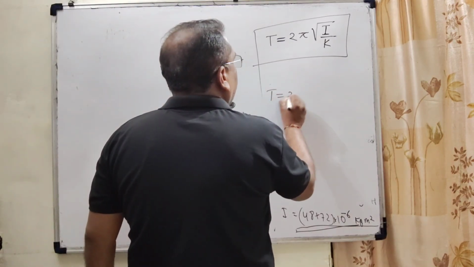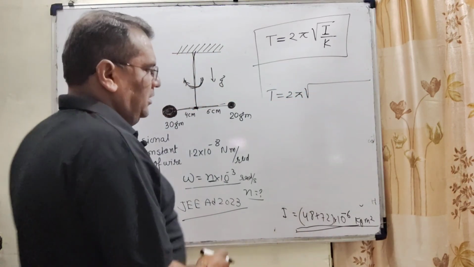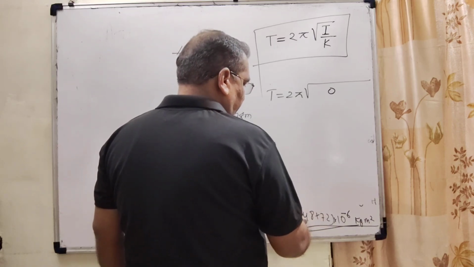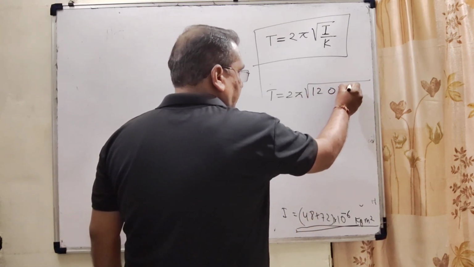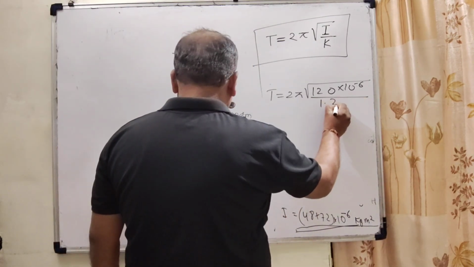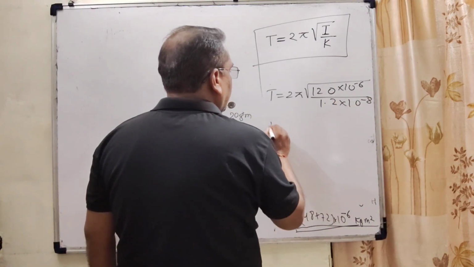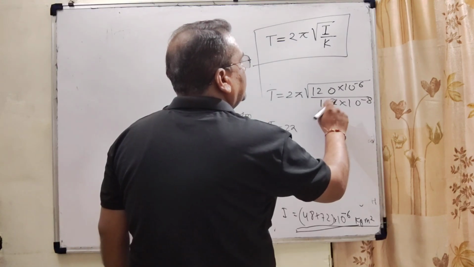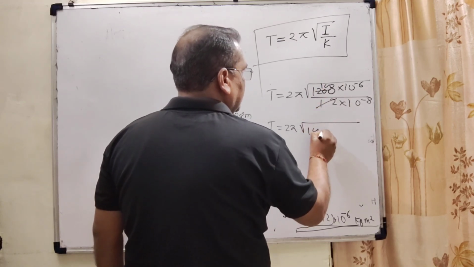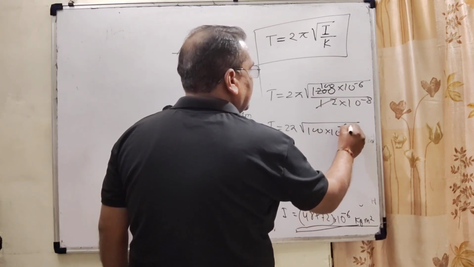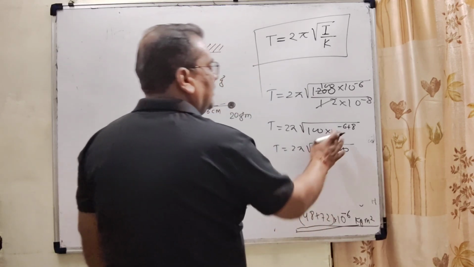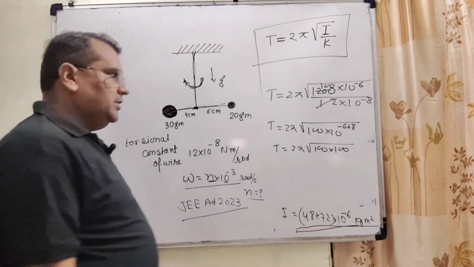Now the time period T = 2π√(I/K). Here 48 + 72 is 120, times 10^-6, divided by the torsional constant 1.2 × 10^-8. The decimal is removed, so 120/1.2 is 100, and 10^-6 + 8 is 10^2, that is 100.